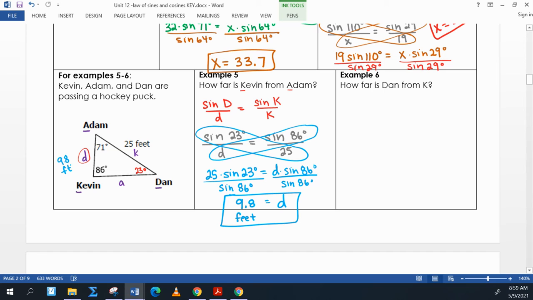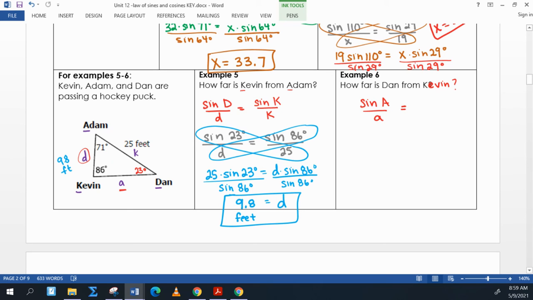Okay, now it's just the same problem, but now we're just trying to find out how far away is Dan from Kevin. This probably should say Kevin right there. Okay, so how far away is Dan from Kevin? We're looking for A this time. So we're going to use the sine of angle A over little a. And on this one, you could use either D or K because you know the side for D, you also know the side for K. So it really doesn't matter.